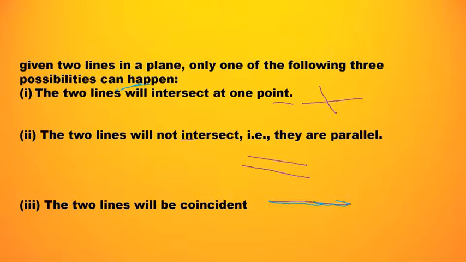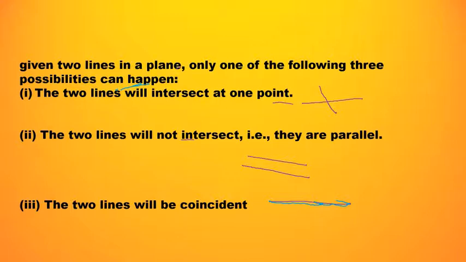Okay, so these are the three possibilities, children. That is, in a plane. In a plane, these are the three possibilities. Why am I specifying in a plane? Because if it is in your classroom or somewhere in the outer space, if it is three-dimensional, plane is two-dimensional. If it is three-dimensional, then you can keep your hands crossed. That is, one hand can go above the other without touching it.